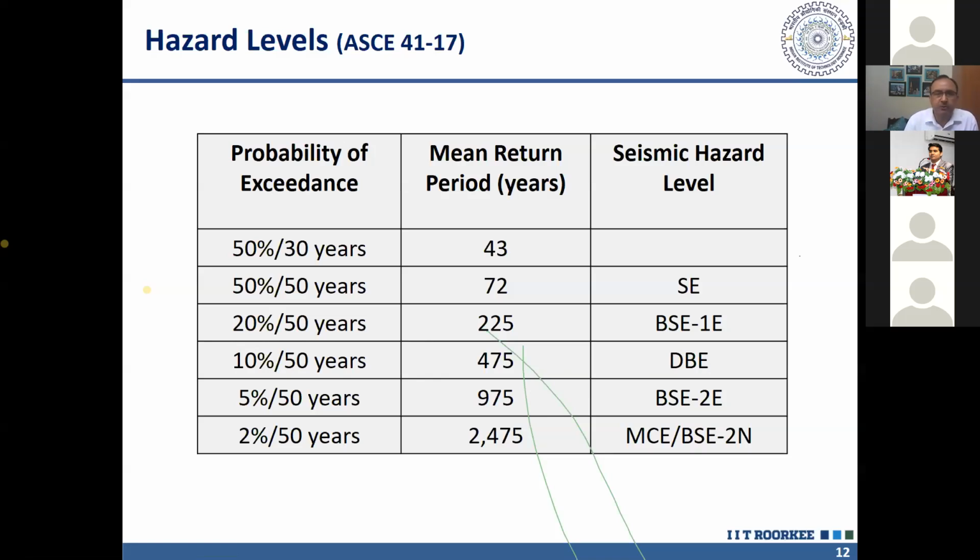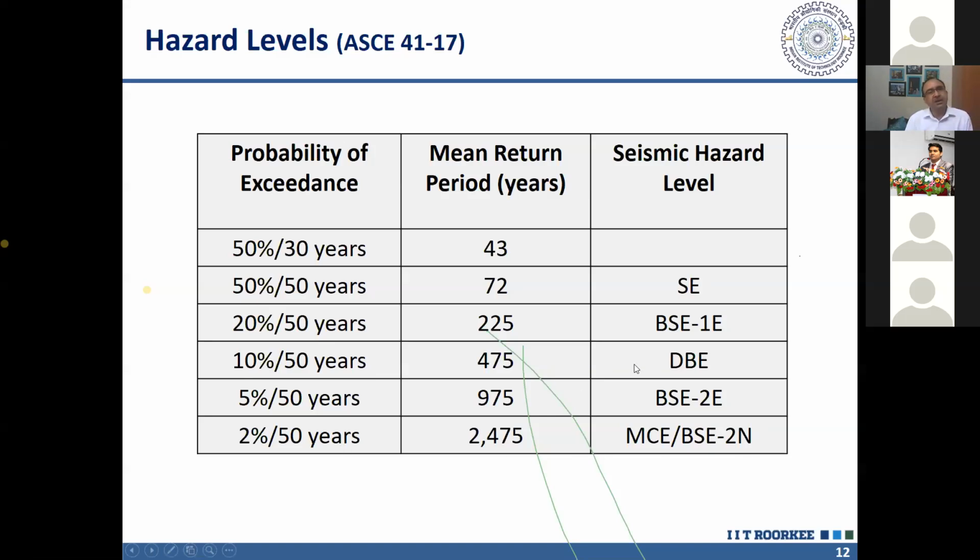But we design those structures using the DBE. And remember, at the DBE also, we are designing using a response reduction factor. So we design roughly to 20% of the DBE. And then we are assuming, or the code gives us this assurance, that the structure will not collapse under this MCE.